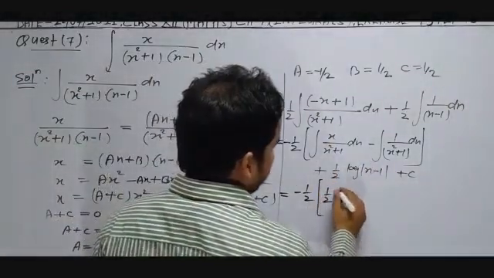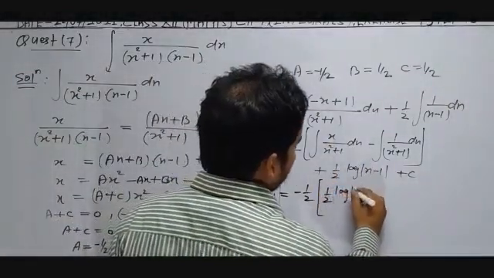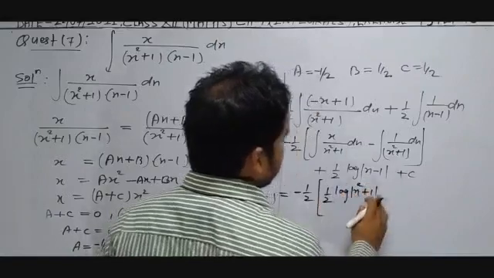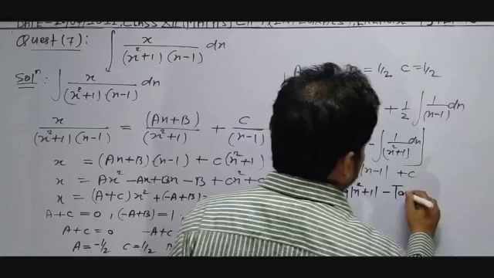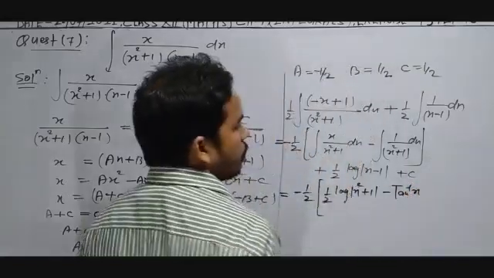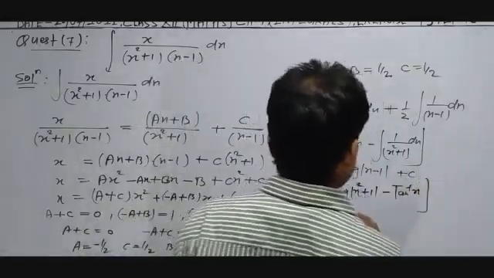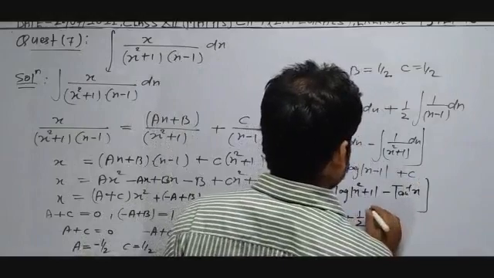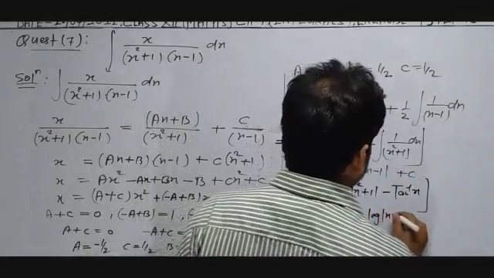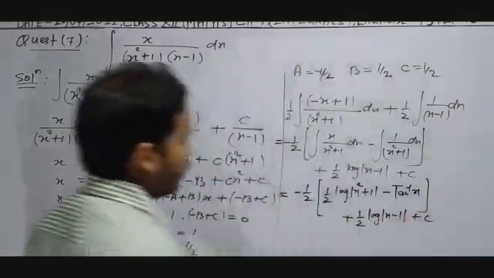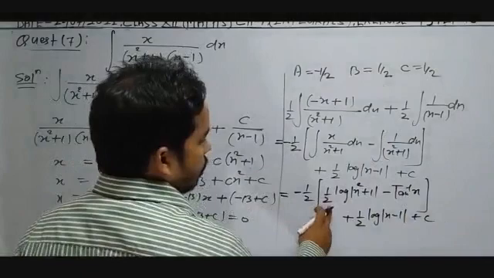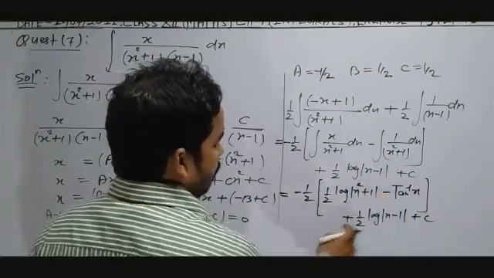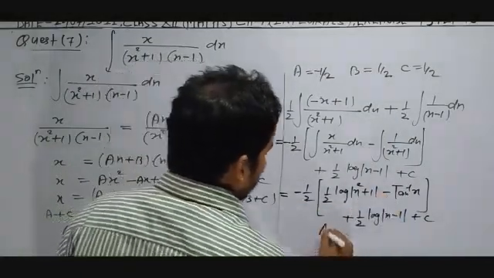So 1 by 2 log of mod of x square plus 1 will be the answer, minus its integration is tan inverse x, you know, and now plus 1 by 2 log of mod of x minus 1, now plus c, and when you multiply 1 by 2 you will get the result 1 by 4, and plus 1 by 2 and plus 1 by 2 will be the same. So this will be the answer.